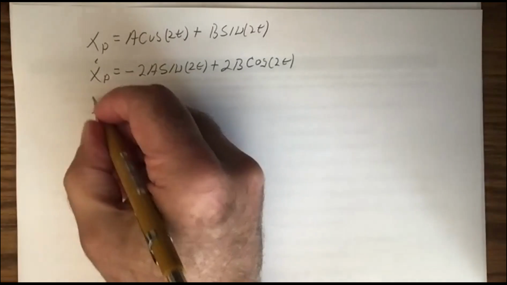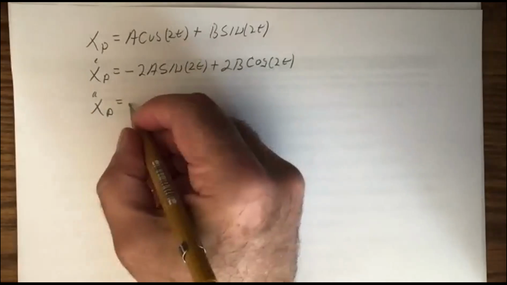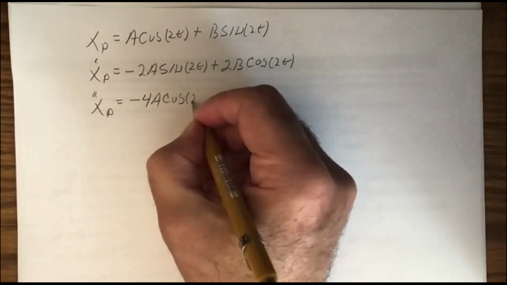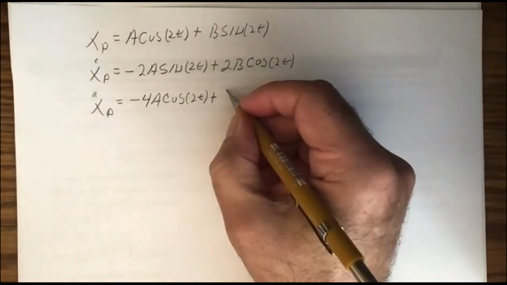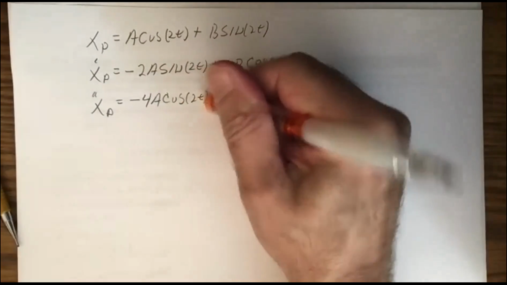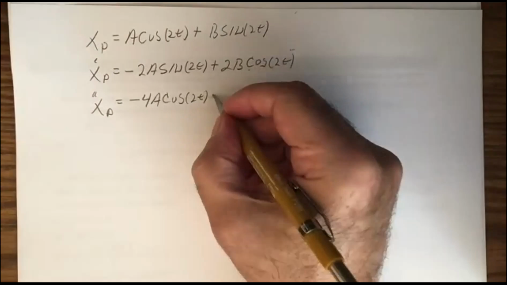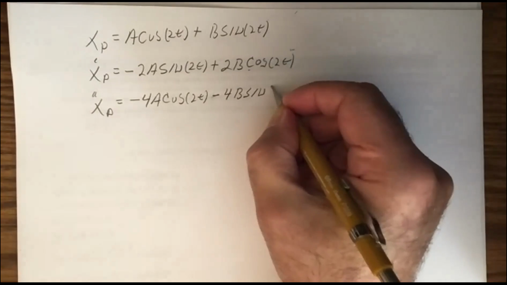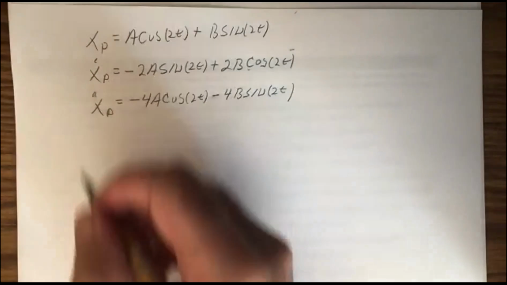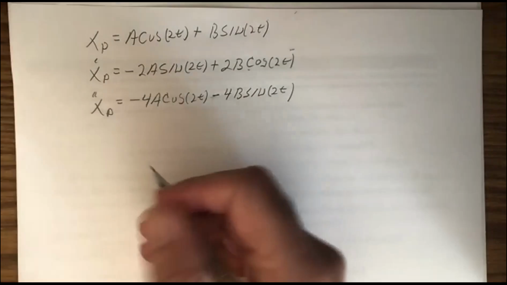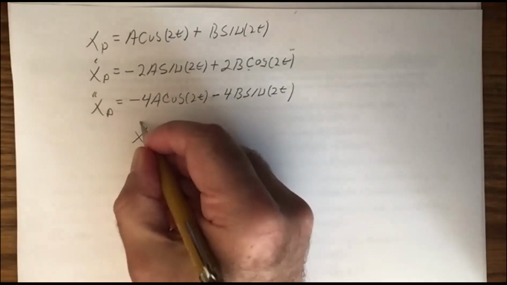And then the second derivative is going to be minus 4a cosine of 2t minus 4b sine of 2t, right? So that's my first and second derivative, and I have to plug it into this equation here, right?